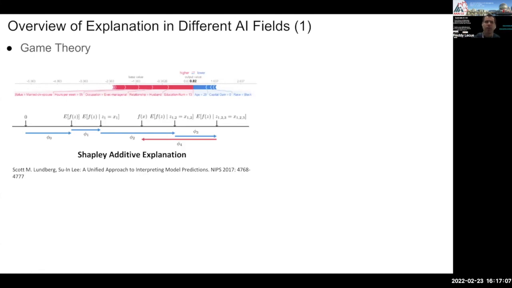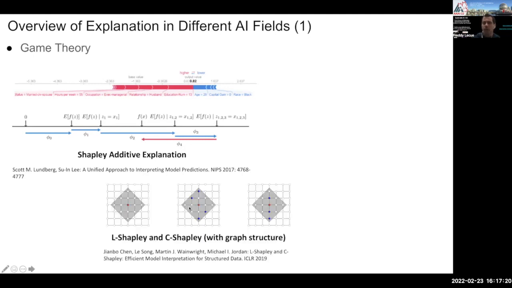Shapley techniques are probably one of the most well-known and most used techniques for explanation in the machine learning context, but it's coming from a game theory perspective. They have extensions depending on the structural constraints of the data that you have, and they come up with different techniques.